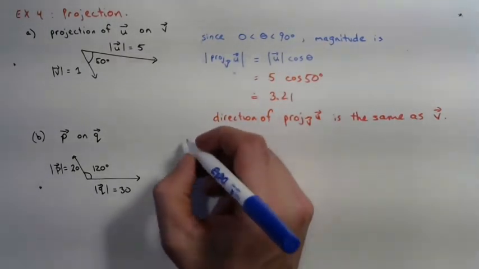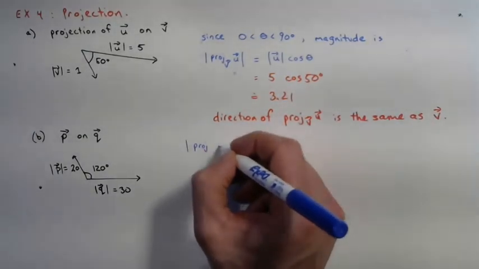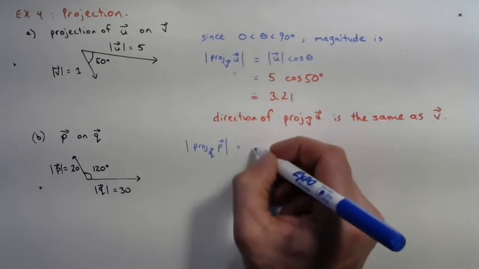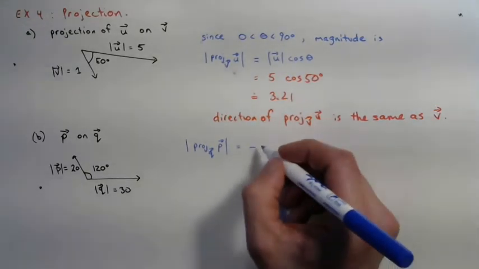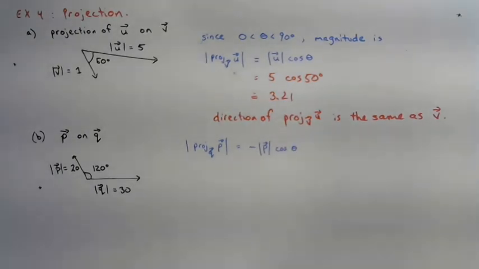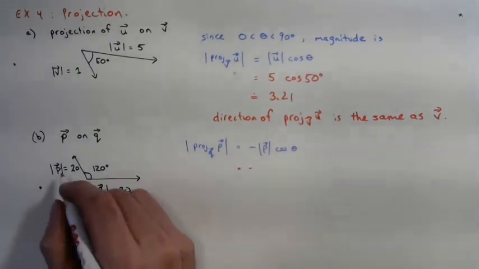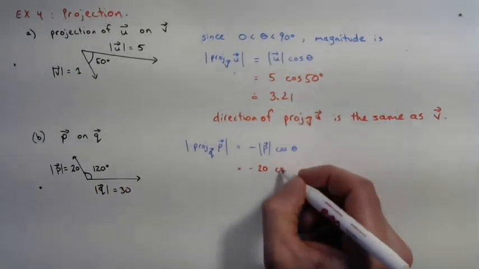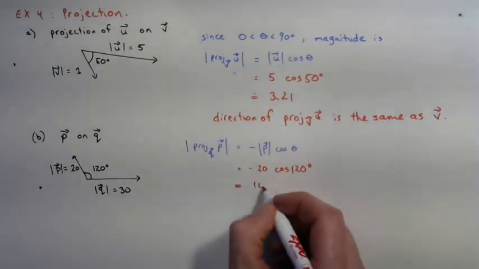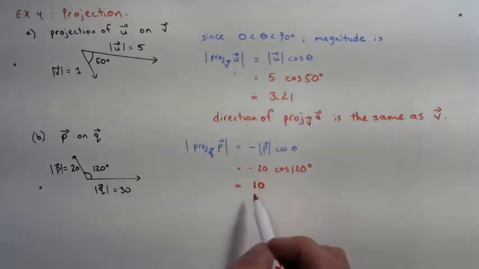So its magnitude then, the magnitude of the projection of P onto Q is negative the magnitude of P times the cosine of theta. Plug in what we know. Magnitude of P is 20. Cosine of 120 degrees. And that equals 10. So the magnitude is 10.